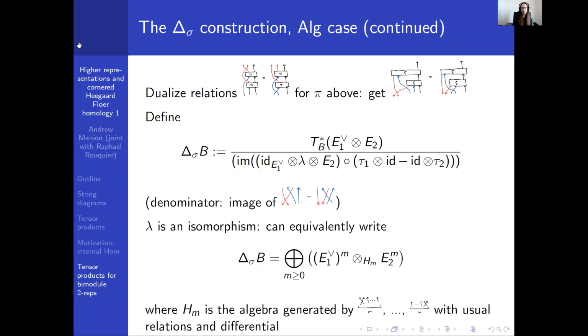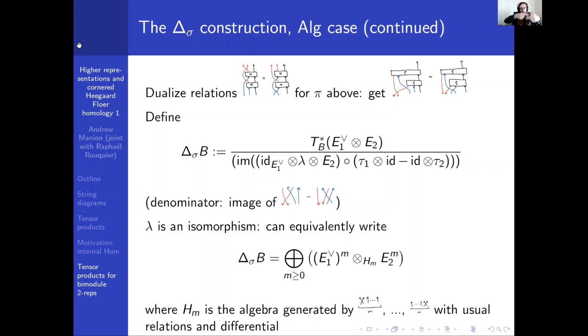But I did want to get to this final dot, and hopefully if you're familiar with cornered Floer homology, then finally this formula connects with something you're familiar with. Since we assumed lambda to be an isomorphism, this tensor algebra construction you can write, if I have a tensor of a bunch of E1 dual E2, E1 dual E2.